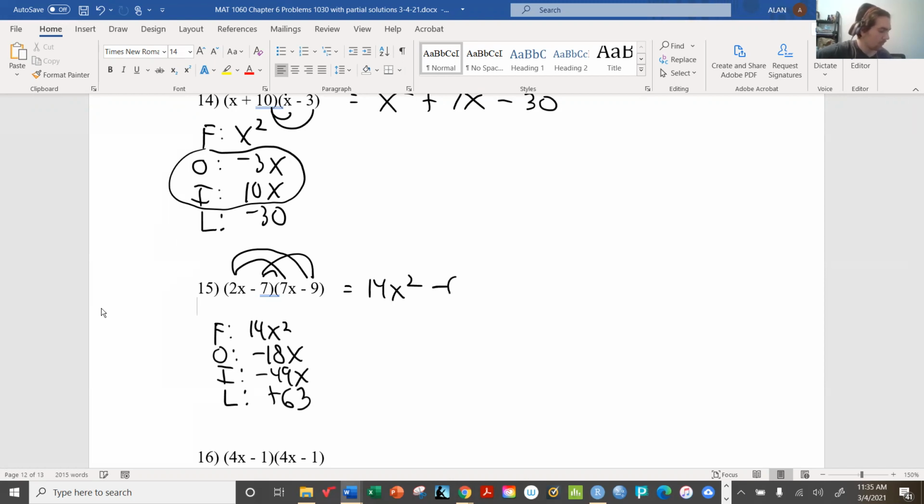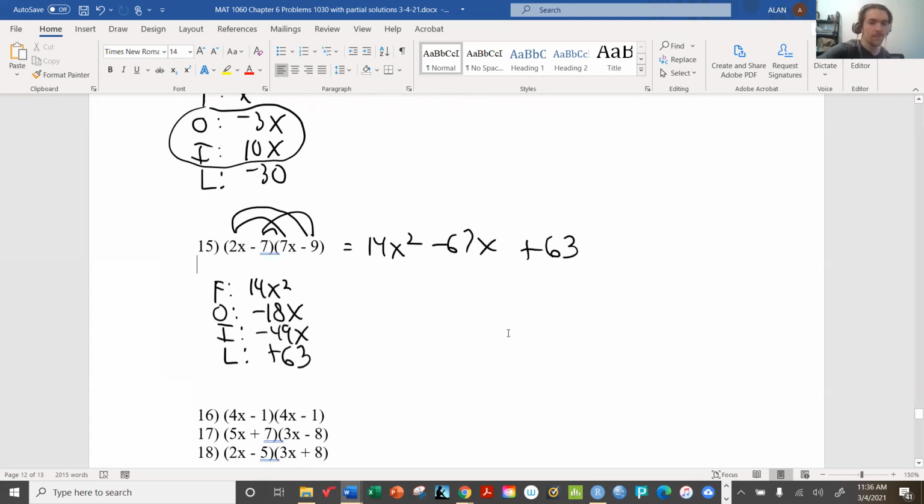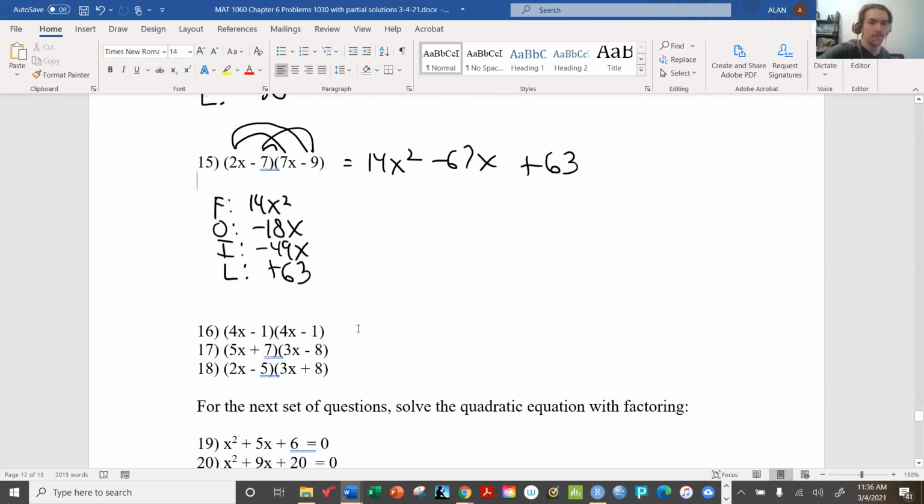These add up to minus 67x. Wow, interesting. Okay, but that's correct. Very good. Let's try this one.